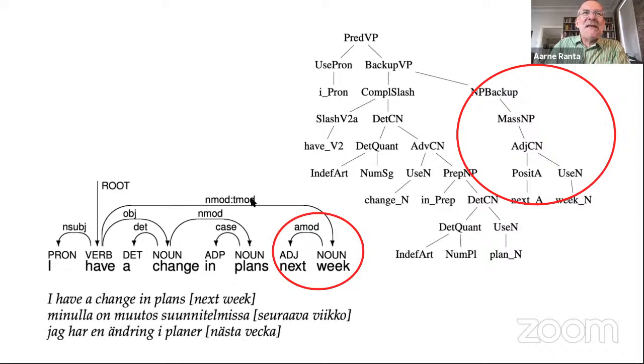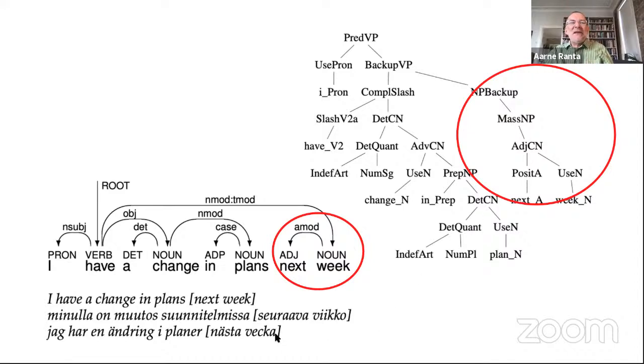And next week is a special thing, nmod, tmod, temporal modifier, where you just use a noun phrase as an adverbial. And that's something that the RGL did not cover when we were doing this. So you treat this as a backup.